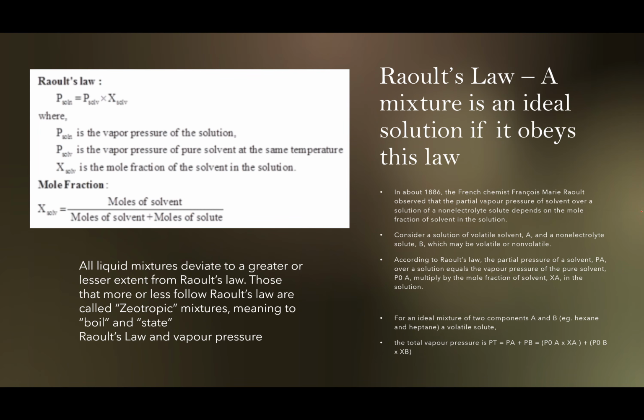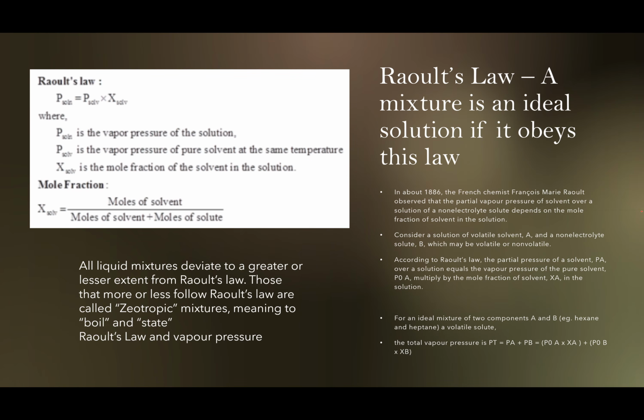In 1886, the French chemist Francois-Marie Raoult observed that the partial pressure of a solvent over a solution of a non-electrolyte solute depends on the mole fraction of solvent in solution.